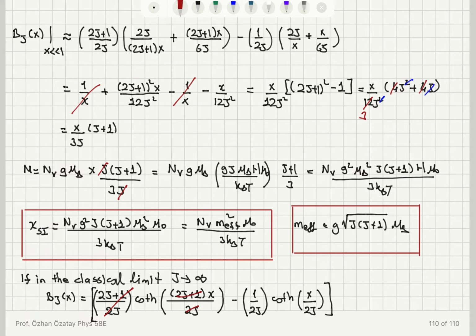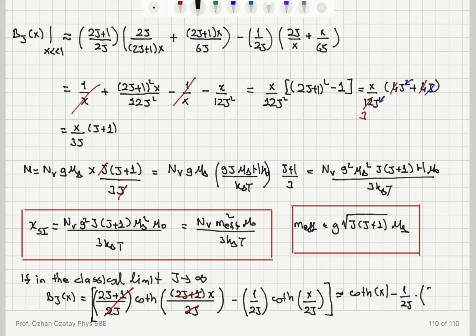And then this term, x over 2j, will be much less than 1, so I can use the Taylor series expansion of cotangent hyperbolic in order to avoid the 0 here. So this is approximately equal to cotangent hyperbolic x minus 1 over 2j times the first term in the cotangent hyperbolic expansion. Cotangent hyperbolic of alpha, for small alpha, was 1 over alpha, remember.